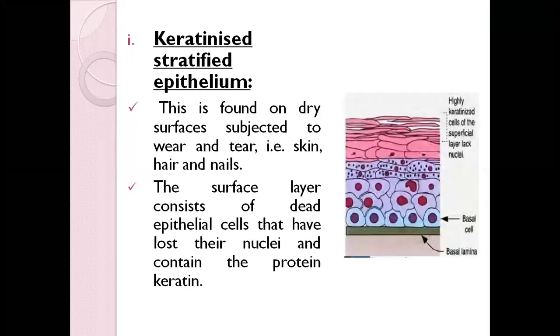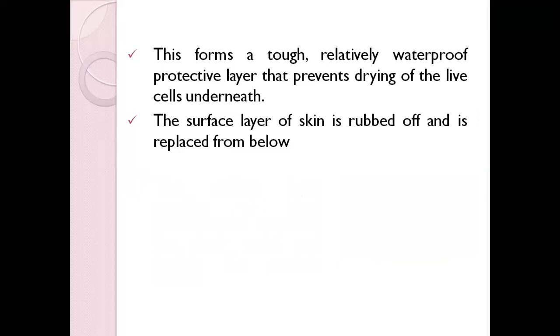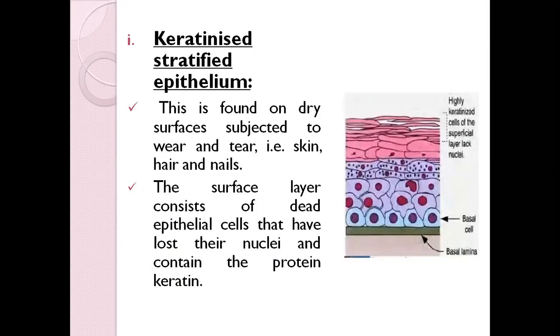This keratinized epithelium forms a very tough, relatively waterproof protective layer that prevents drying of the cells underneath. The surface layer of the skin is rubbed off and replaced from below. If the upper layer is gone, it keeps growing, gets flattened, and is removed again. That process goes on and on.